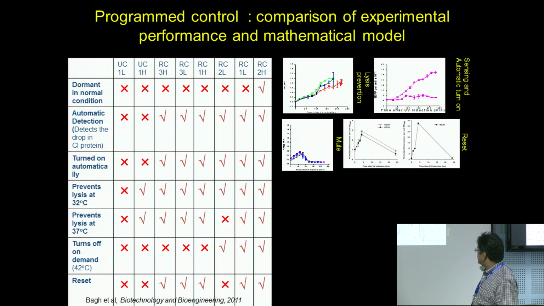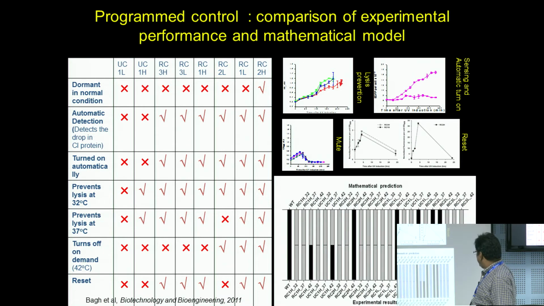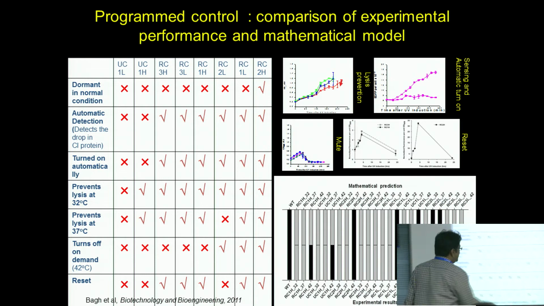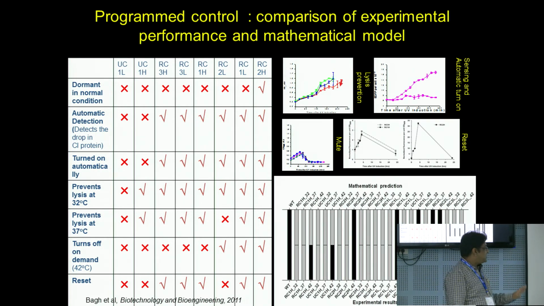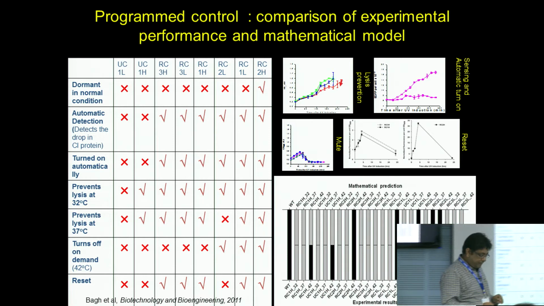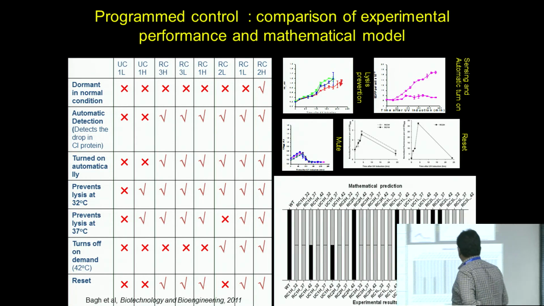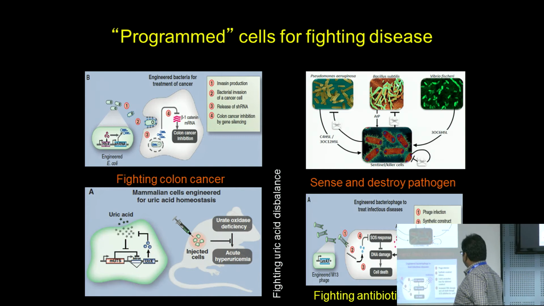One of them actually works very well for all of this. This is just experimental proof, you do not have to remember it. This is the match between the mathematical prediction and the experimental results: 22 conditions out of 25 actually matched. So, it is a good match for a biological system.